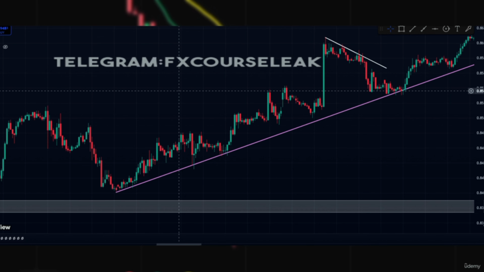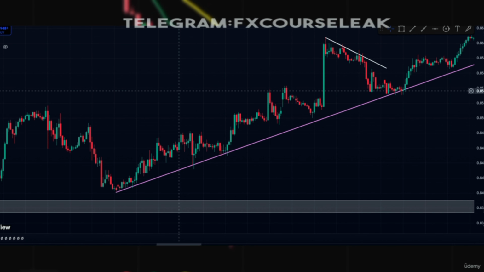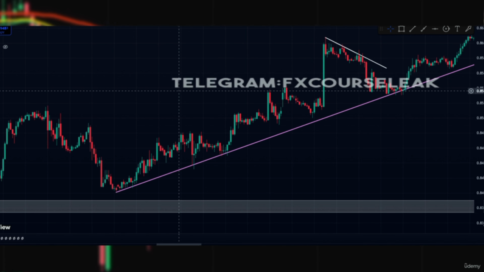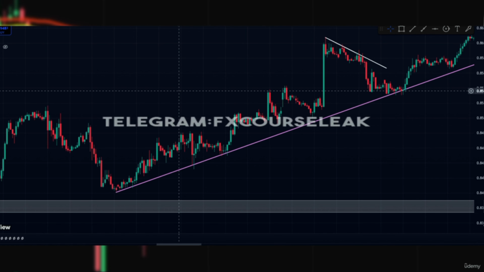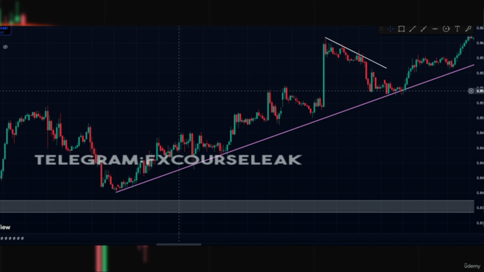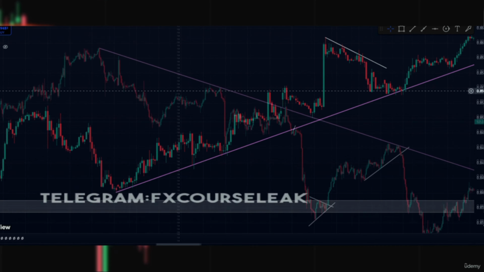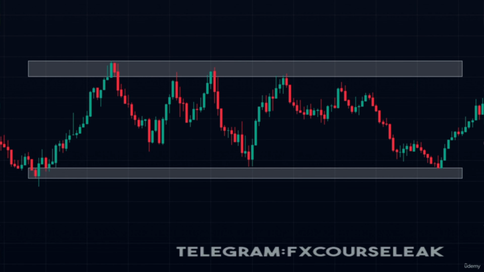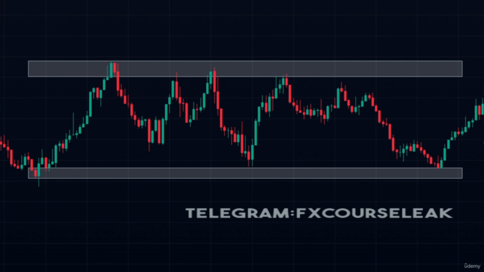So the trendy market is the best phase of the market, and everyone knows that the trend is your friend. So most traders get into positions in trending markets. But as we know, the market goes into two phases. One is where it's trending and one is where it's consolidating. The market doesn't stay in the same phase forever.